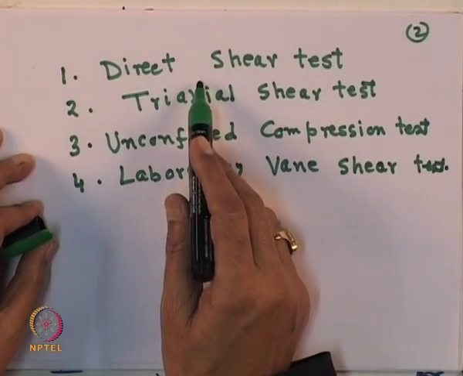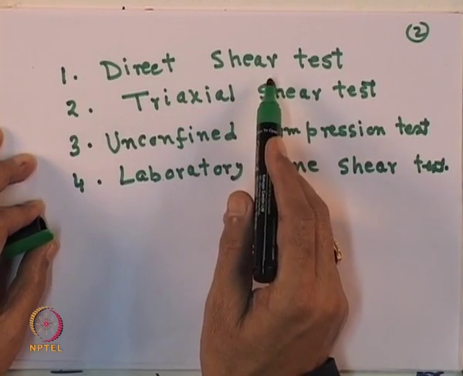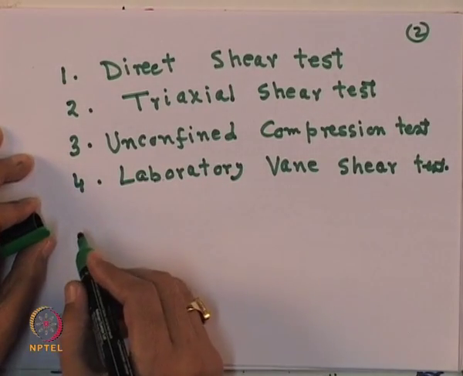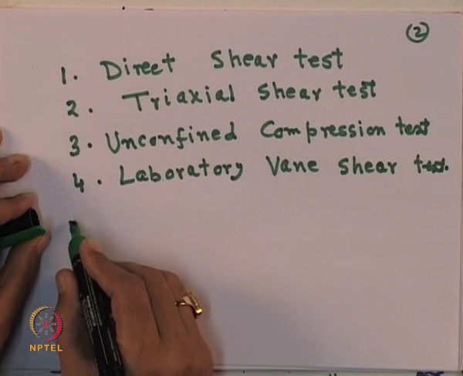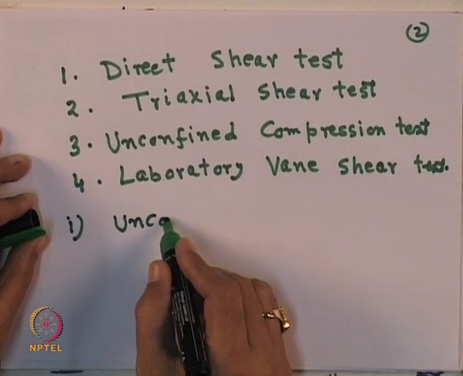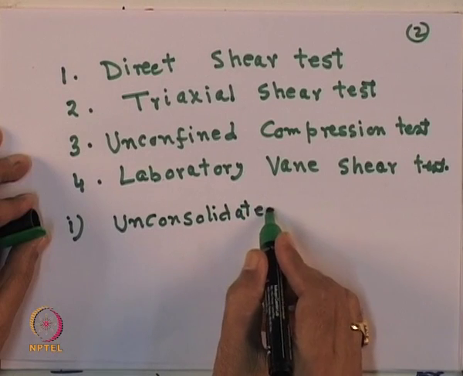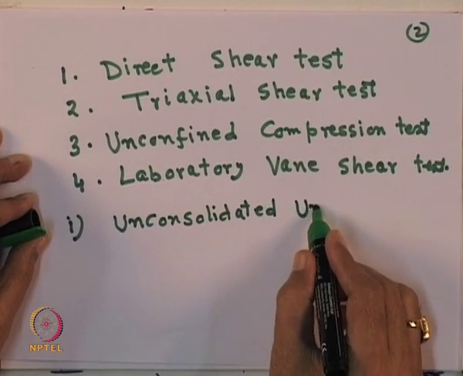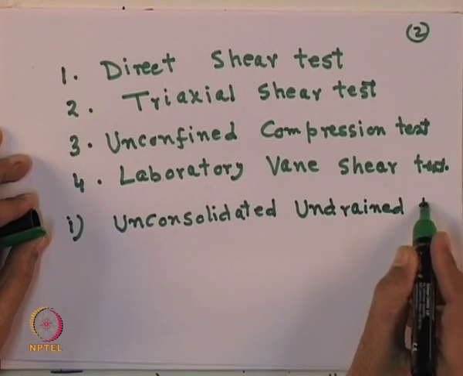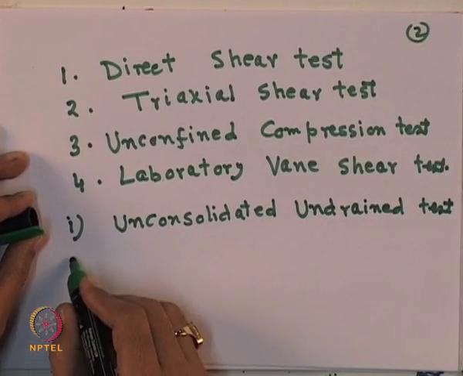The direct shear and triaxial shear tests on soil usually fall in three groups. One is the unconsolidated undrained test, which you can also call the UU test.